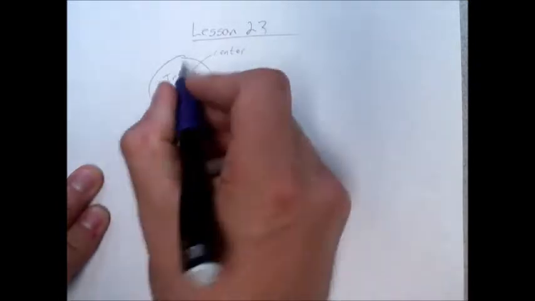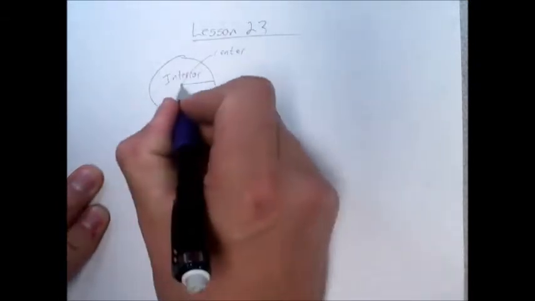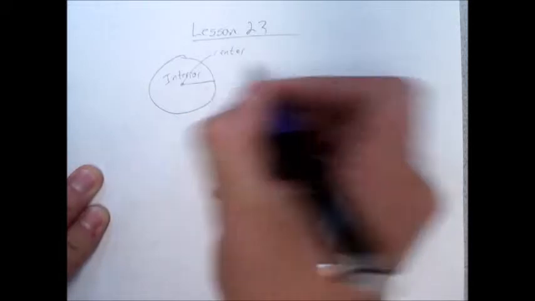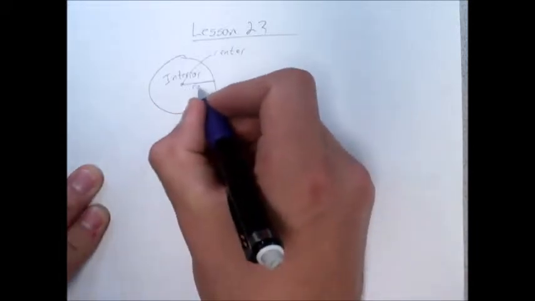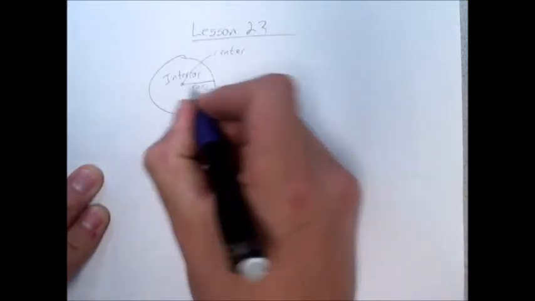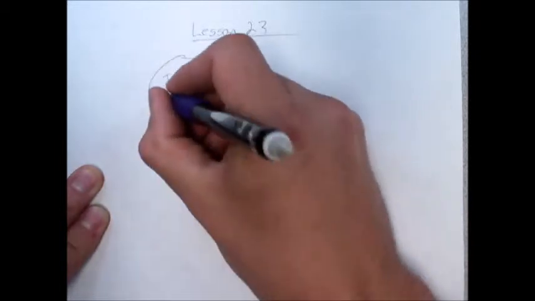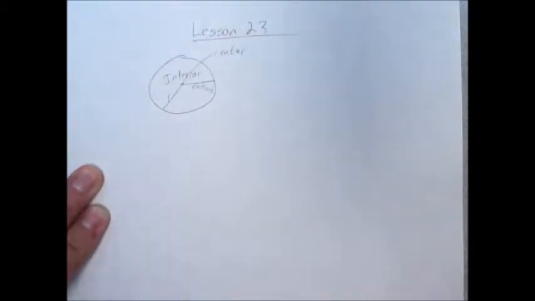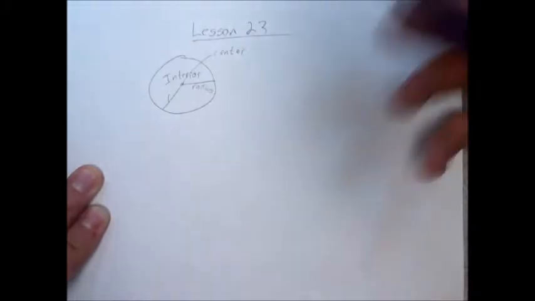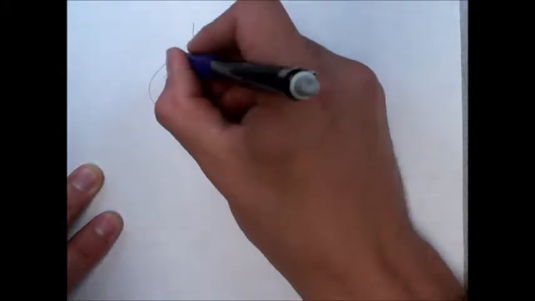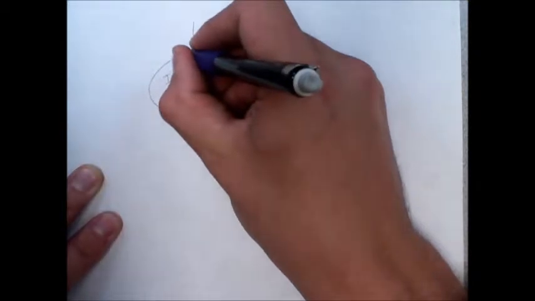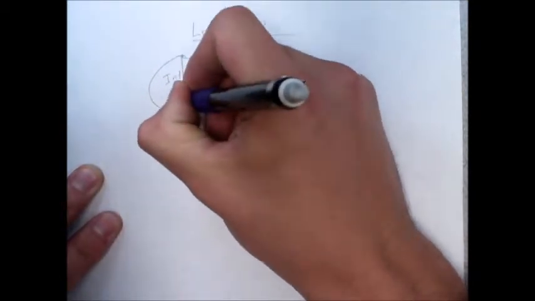When I say radius, I mean the distance from the center to any point on the circle. So this is a radius, but also this over here would be a radius. Anything from the center to the outside. Next, the diameter is simply the distance from one side of the circle through the center to another side of the circle.